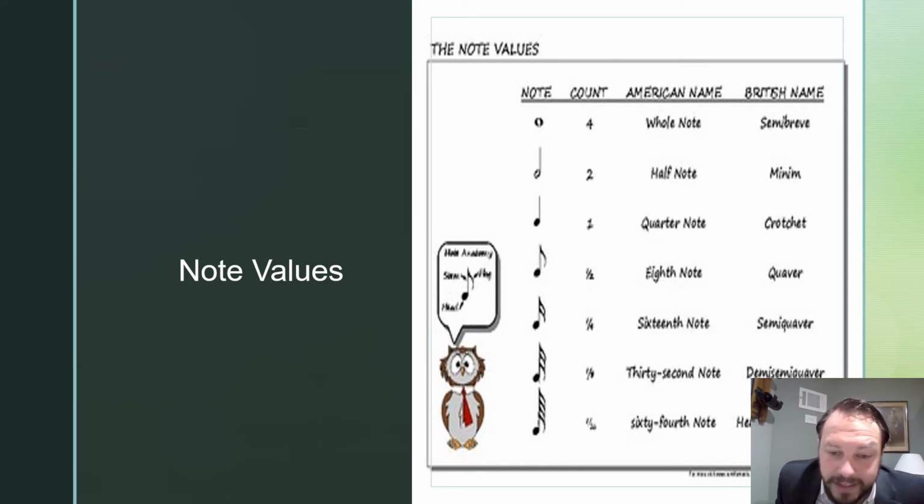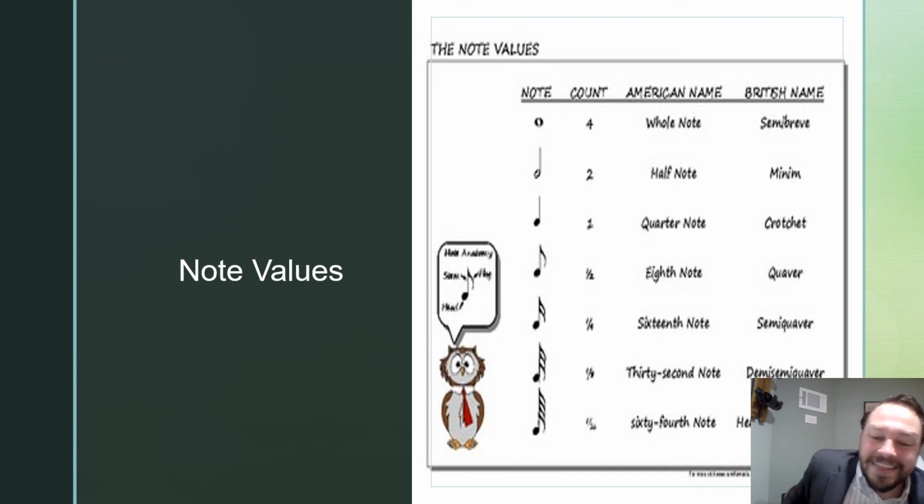Okay. The filled in circle with the stem and 3 flags is worth an eighth of a beat. We call it the 32nd note, and the Brits call it the demi-semi-quaver.